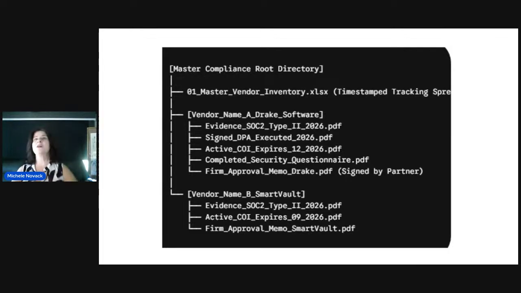You show them how you have all of your vendor inventory tracked. You go right to that cloud tab. You have a list of all your vendors, the date and time that you started your vendor assessment, and who conducted it. Then you go into the individual folder and show them your evidence. That is what an auditor looks for, and they will appreciate that, believe me.